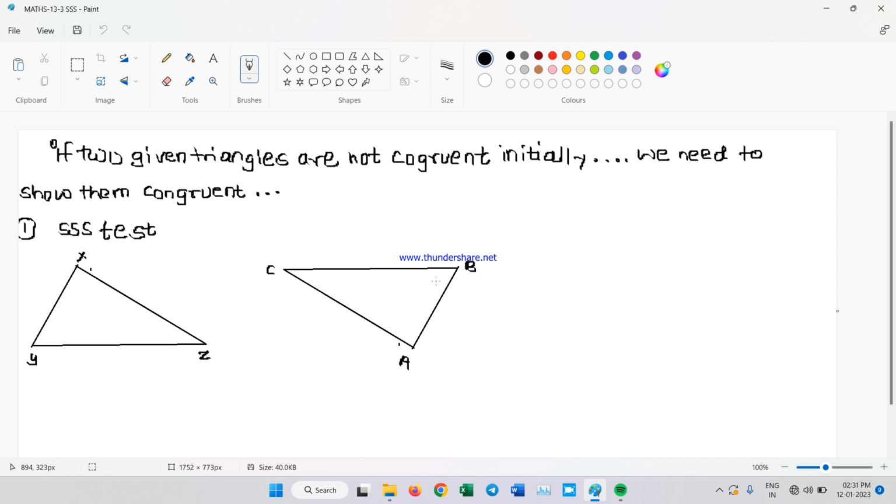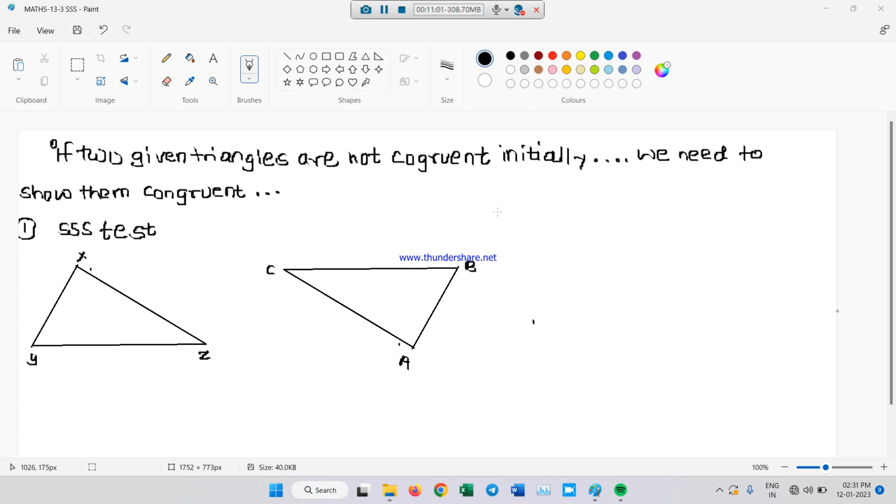ओके, नाउ इन दिस केस let me first of all check whether video is playing or not. The toolbar is not visible. Okay, let's make it visible. Yeah, now in this slide we are discussing the second case.